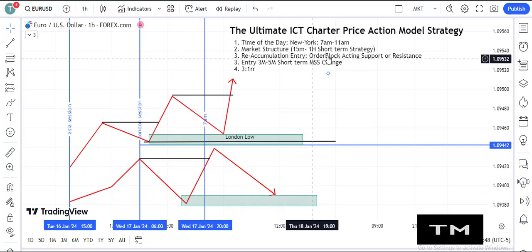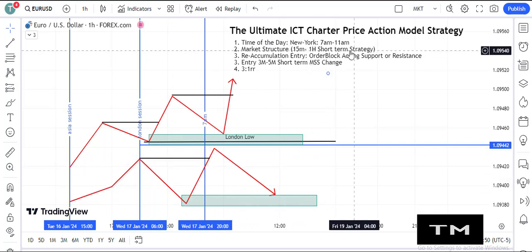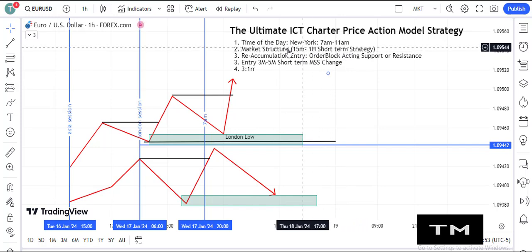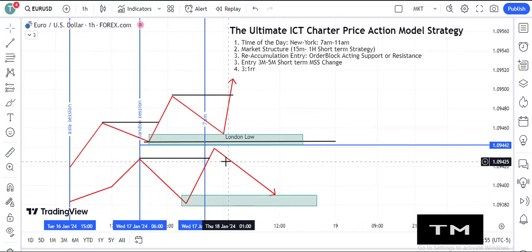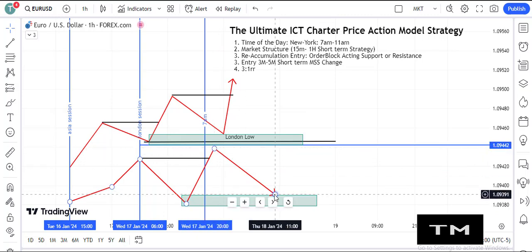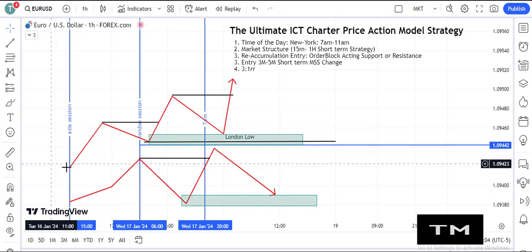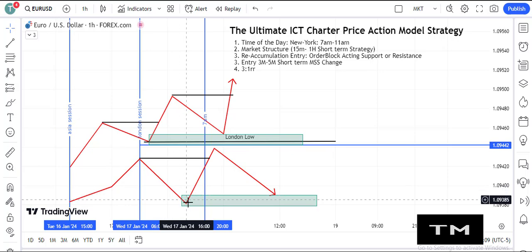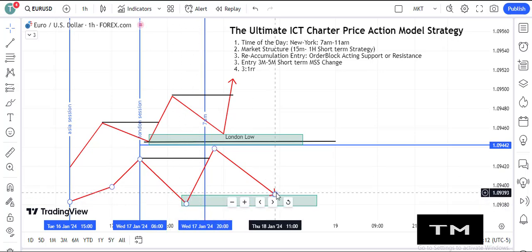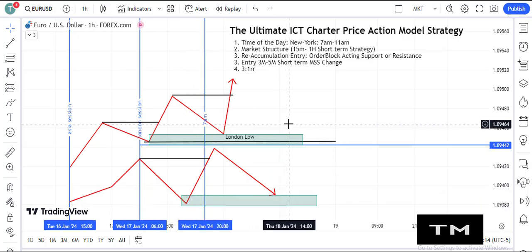This happened under the 1 hour short-term highs and lows, or 15-minute highs and lows. So in the New York session, you wait for retracement. In this first scenario, the Asia creates the low of the day, while in the second scenario, the London creates the low of the day. For example, your entry from the continuation of the trade.